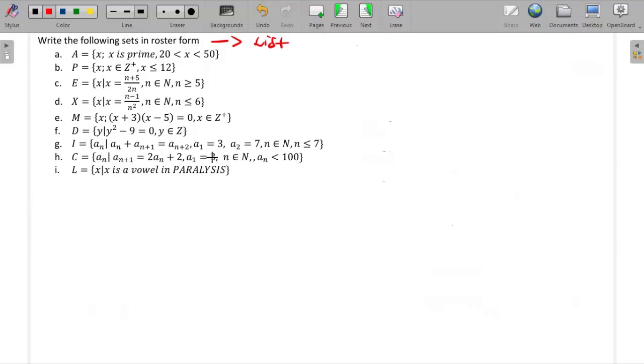For the first one, part A, they're saying set A is a set of all x such that x is a prime number, but this prime number should be between 20 and 50. I think I made a small error here.